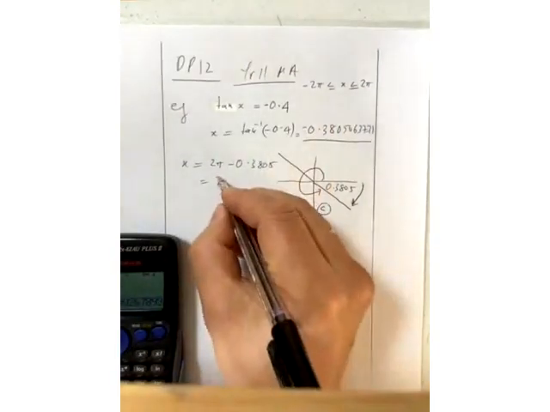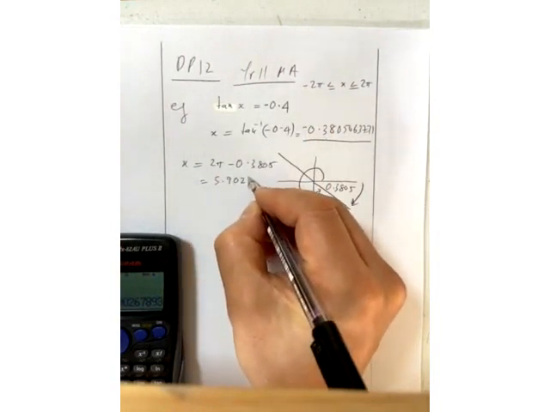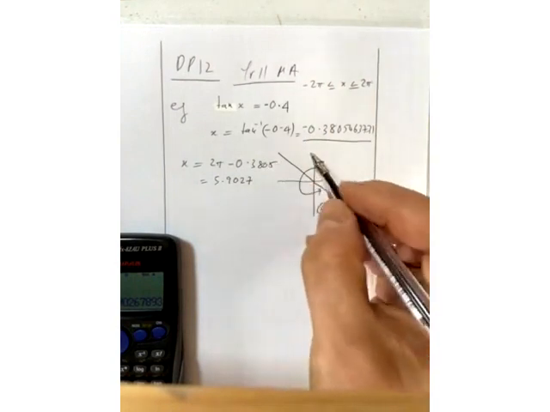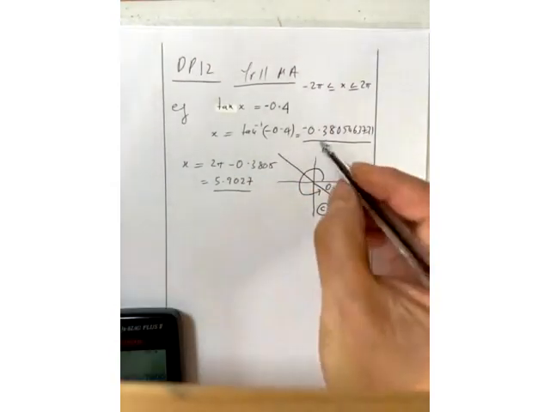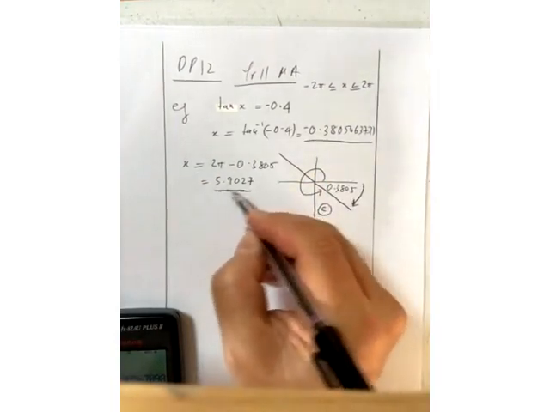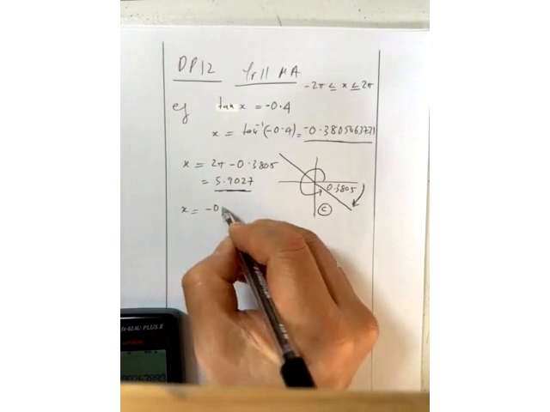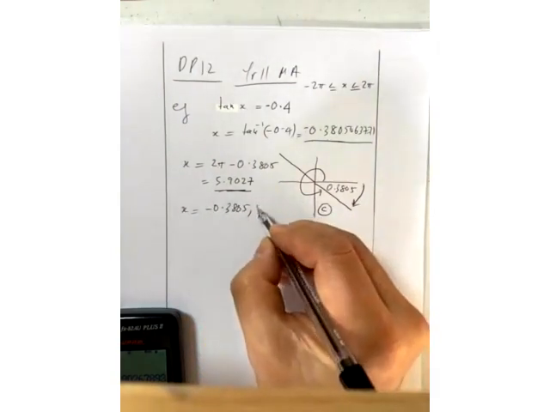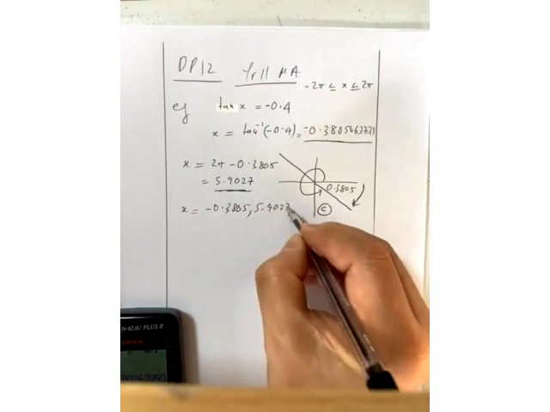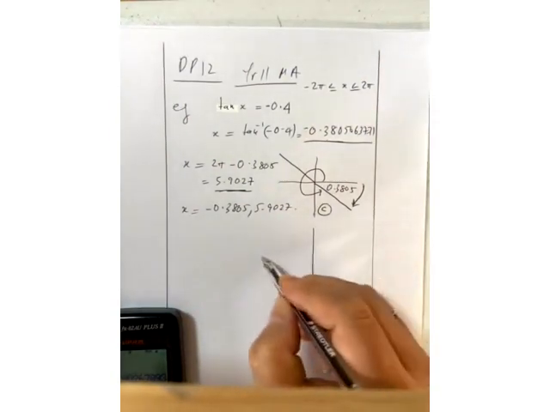It's going to be 5.9027 to 4 decimal places. Okay? And so that's one set of answers. I'm going to write that down. So that's going to be negative 0.3805 and 5.9027. That's one set.